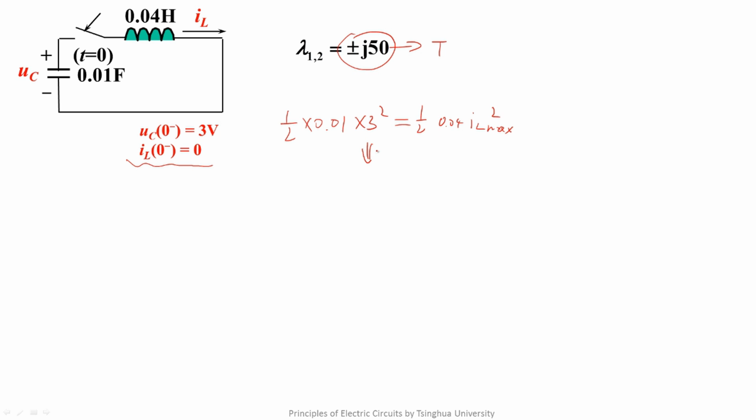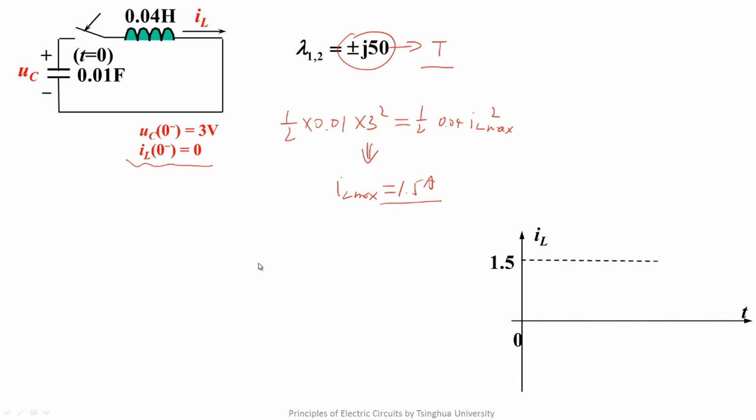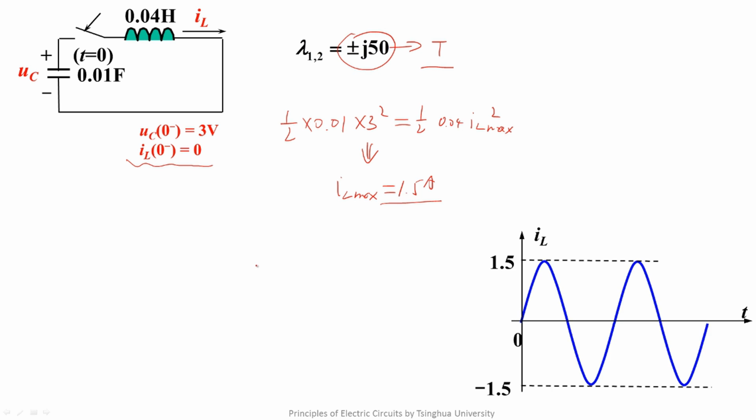So we can get iL max equals 1.5 amperes. With the maximum value and the period, and in our previous discussion, we have already known that the inductor current starts from 0 and the derivative at the start is positive. We can easily draw its semi-qualitative waveform like this. You may also use Multisim to verify it.